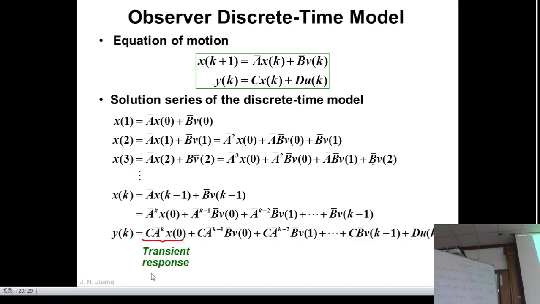Now, again, we do have a transient response. We do have a forced response. But now, for this transient response and forced response, we have A bar, and we have B bar, and we have V. And V here is from measurement. Y here, this is my estimated. So all the left hand side, x and y, that's my estimated. All my right hand side, all from measurement. Okay, that's a discrete model.